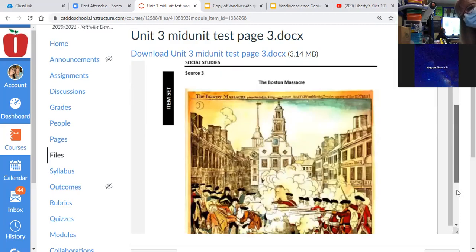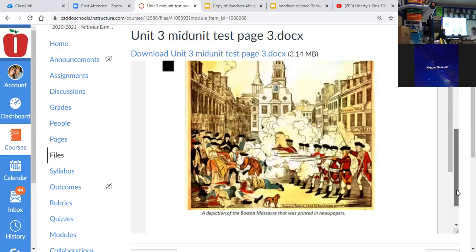Okay, so that image, the coloring was added, but that image was actually made by Paul Revere. The original image was an engraving by Paul Revere. And do you remember me discussing before, why would Paul Revere make an image that made it look so much more horrific than what it actually was? He wanted what?